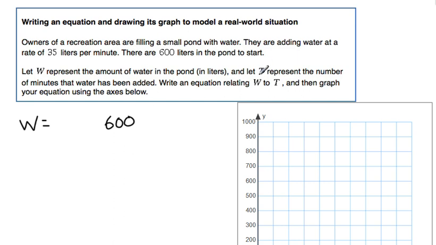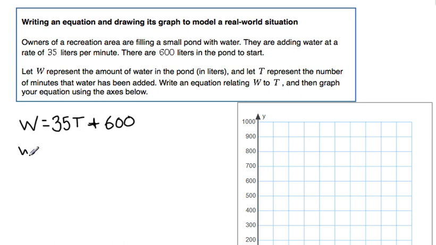The rate T goes with the 35 liters per minute, so we're going to multiply 35 times T. So what this represents here is what we start with, the 600, and the constant change that we are having, the 35T plus 600. So what we're going to do is actually come up with a few values to see if this makes sense.